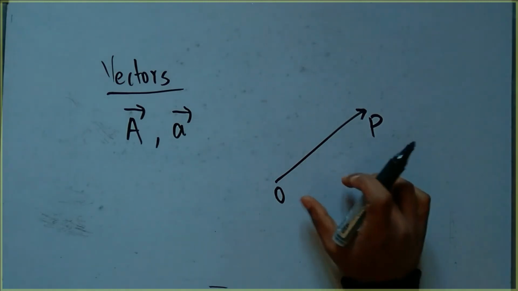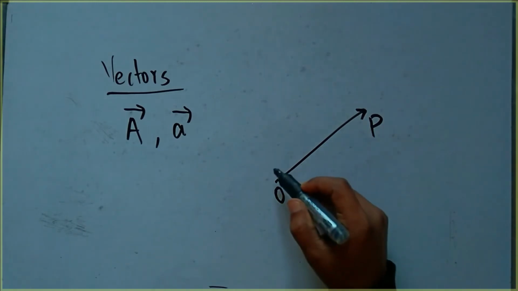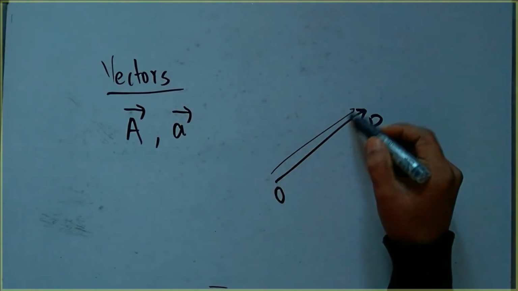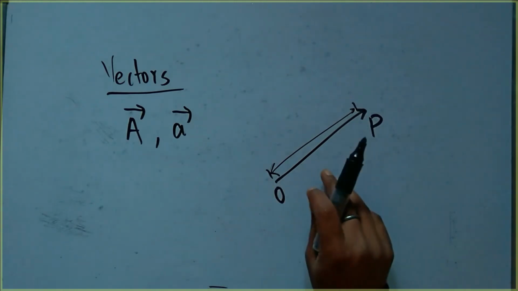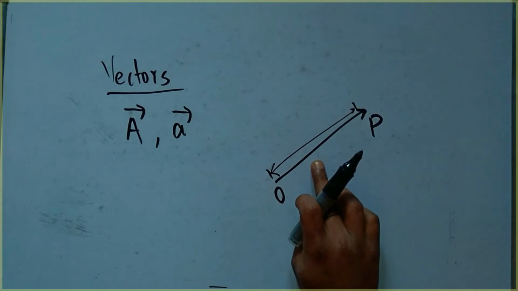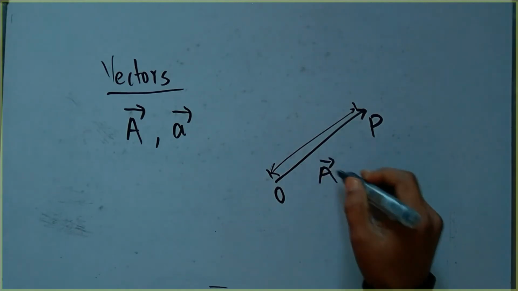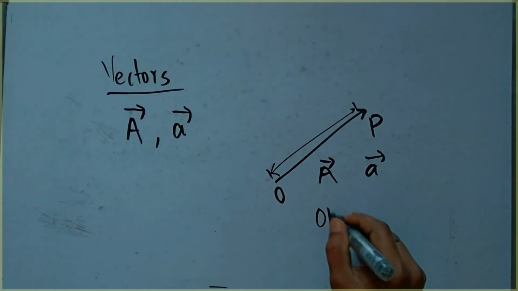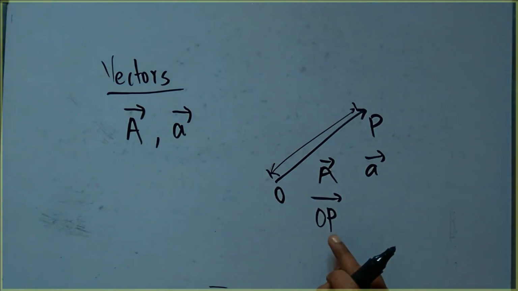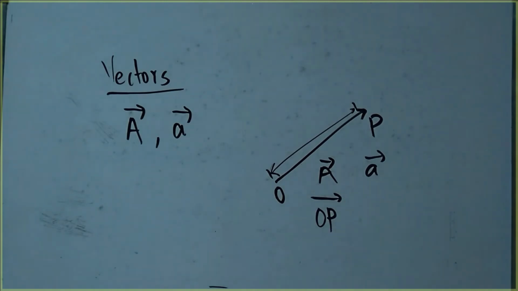Now this line segment OP represents a vector of a magnitude which is proportional to its length. Whatever be its length is the magnitude of this vector. Now this vector may be represented by A caps or A, or even by the name of the line segment. The line segment being OP, it can be represented by OP with an arrow over its head.